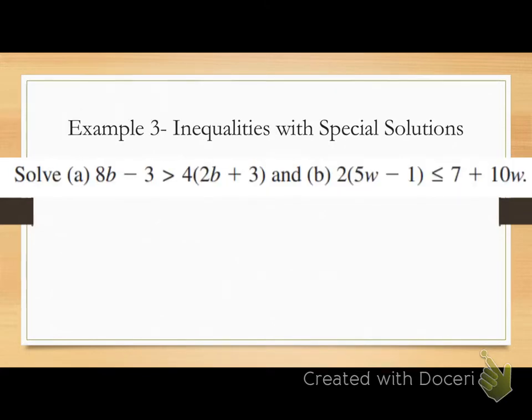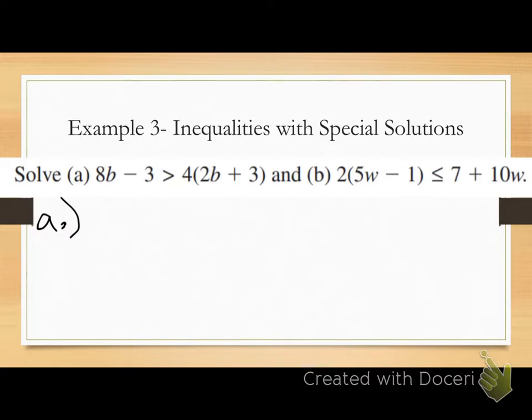All right, 2 more examples here. Letter A, solve 8b minus 3 is greater than 4 times 2b plus 3. What would be my first step here on letter A? Distribute. Once again, like I said on the previous slide, simplify one or both sides if you're able to.